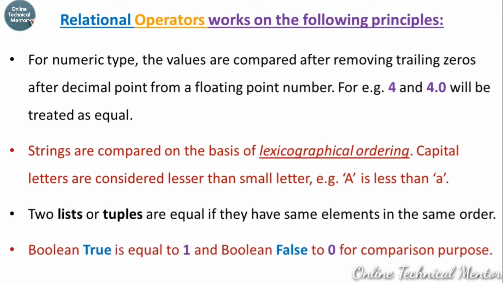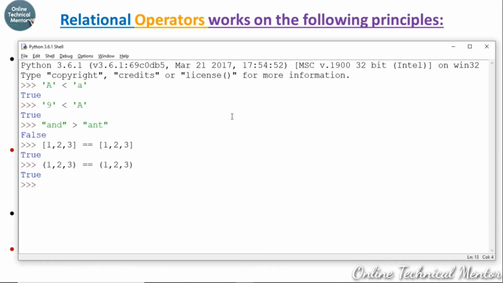At last, Boolean true is equal to 1 and Boolean false is equal to 0 for comparison purposes. So let me show you. If you write bool, this is a function of Python. If you write, say, 0, it will return false. Now if you write bool 1, it will give you true.